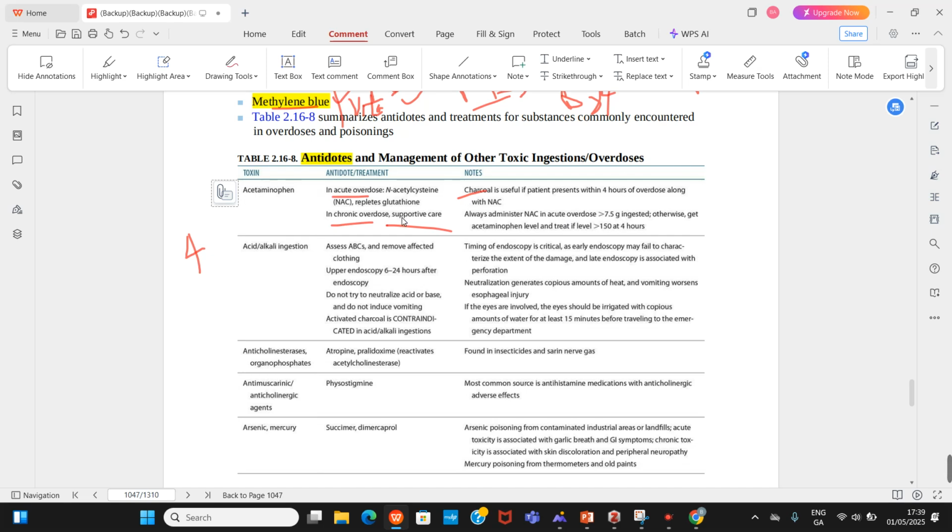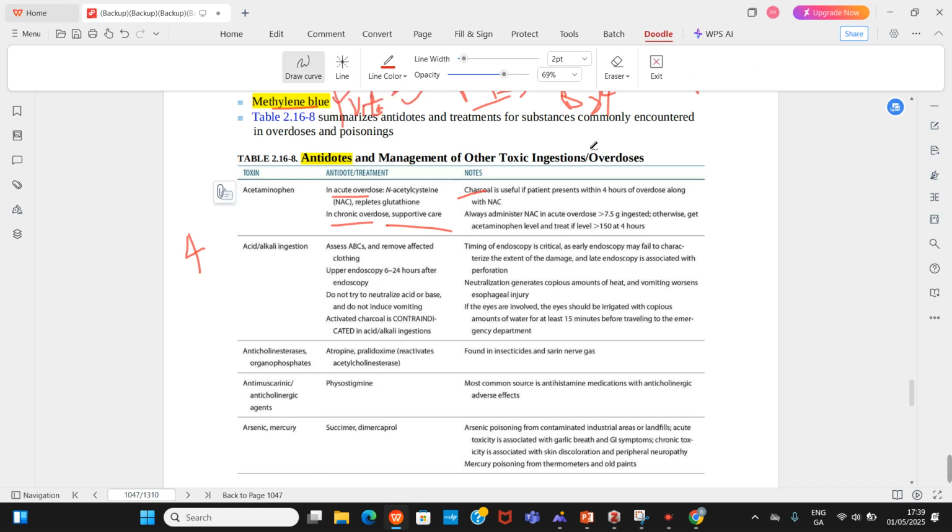Now, if somebody overdoses on acetaminophen, they produce a metabolite that we call NAPQI. NAPQI is N-acetyl-p-benzoquinone imine, we don't need that. So that's the metabolite. This metabolite is neutralized by an antioxidant called glutathione.